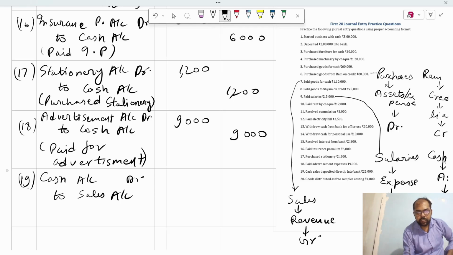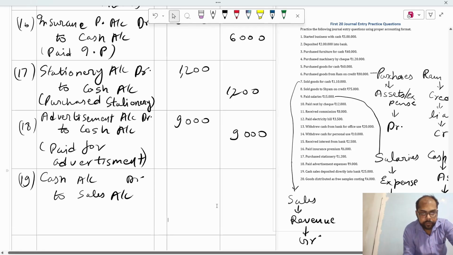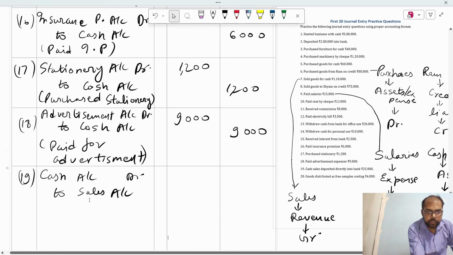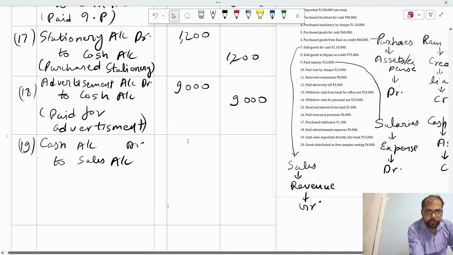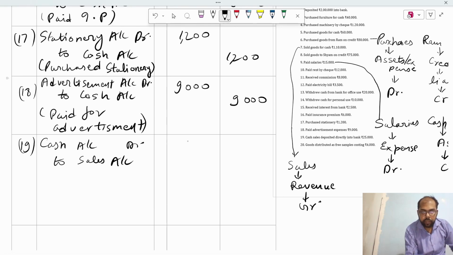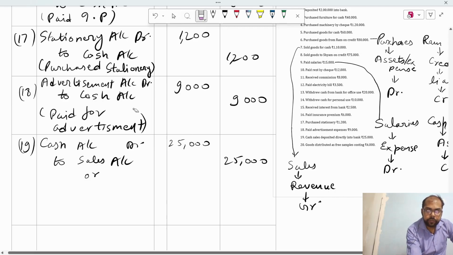Now, since this cash is deposited into bank, there will be one more entry to complete this transaction. First of all, let me write down the amount. The amount is rupees 25,000.